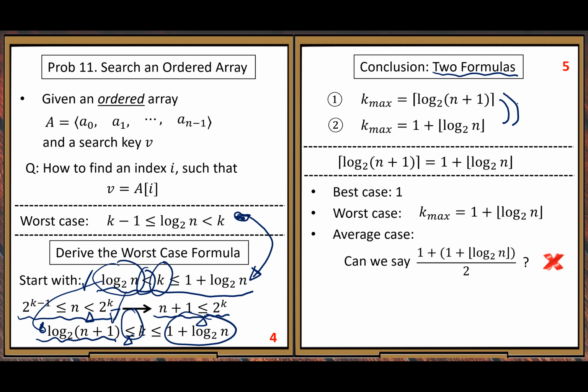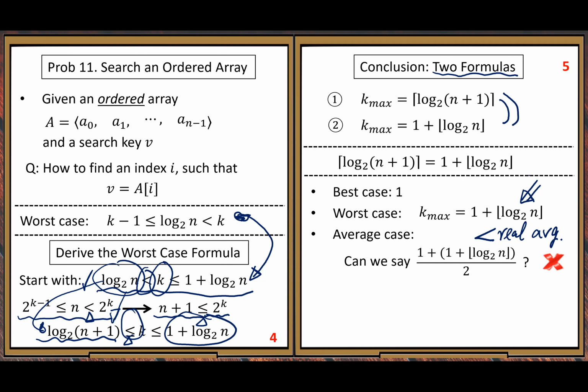If you use this formula, you get less than the real average. Our real average is much bigger than this number. Actually, the real average is very close to the worst case, a little smaller than the worst case, but very close to it.